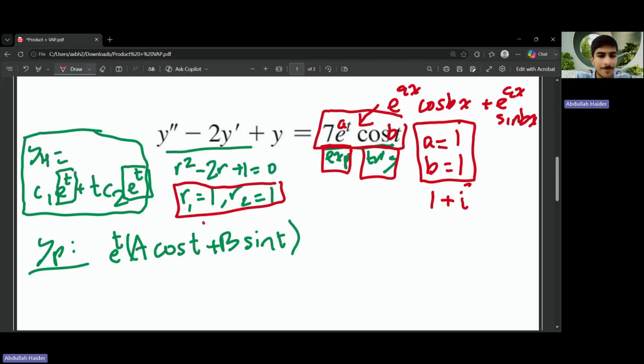So here your a is 1, the real part, but your b is 0. You don't have an imaginary part for this. So since both of them are not the same, a equals 1 but b equals 0 versus b equals 1, we will not multiply by another variable x or t. That's it.